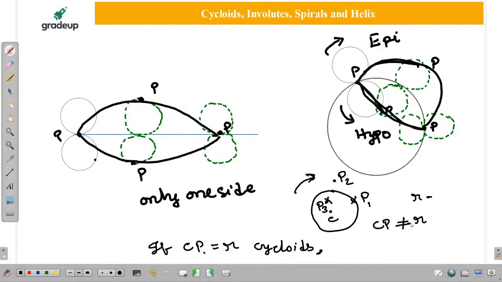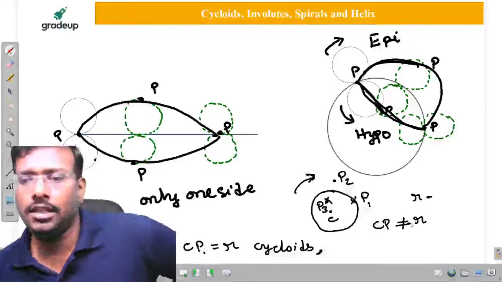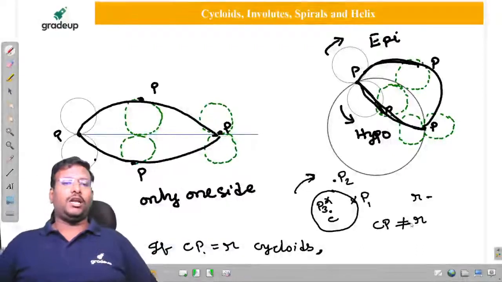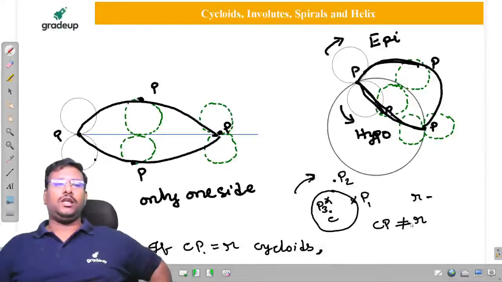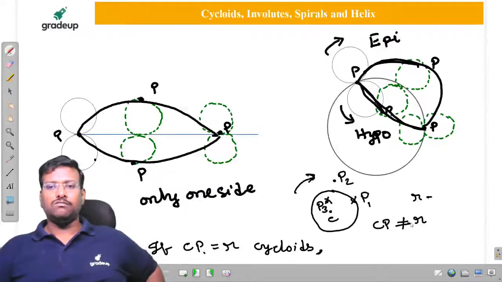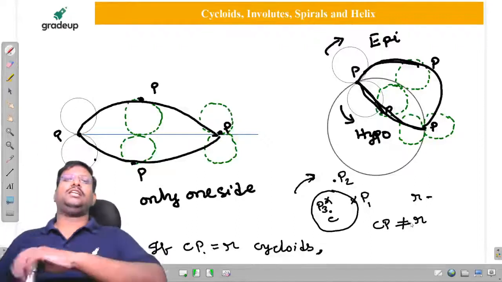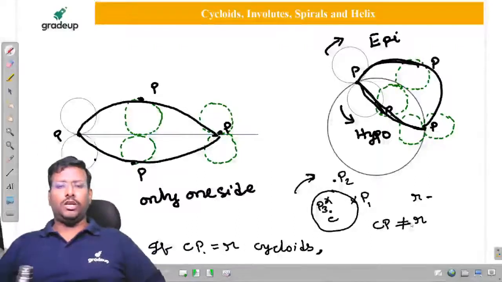Anybody have an idea? If you are not considering the point on the circumference of a circle, then what curve is it called? Anyone? So if you try like this, then only it is easy for you, my dear friends. You will be able to remember it forever.